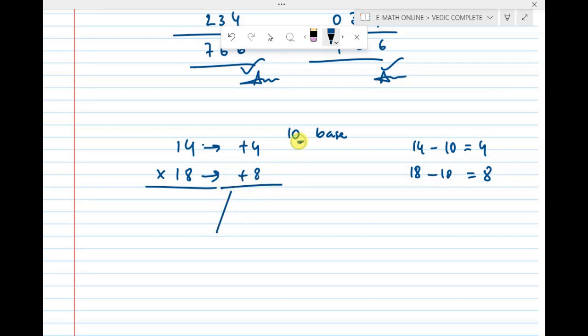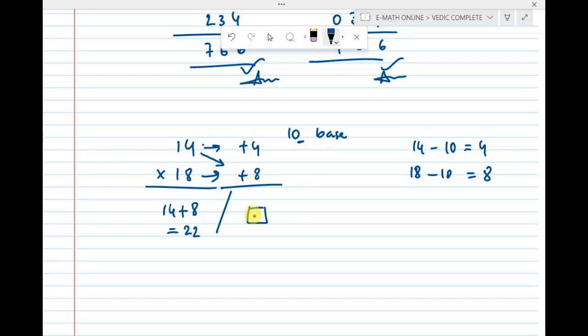The base has only one 0, that means one place you have to fill. In this place there are no restrictions. Either you can add 14 plus 8 or you can do 18 plus 4, whatever you want. 14 plus 8 is 22.